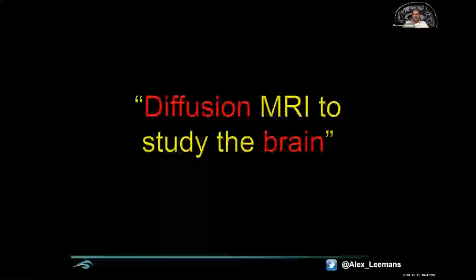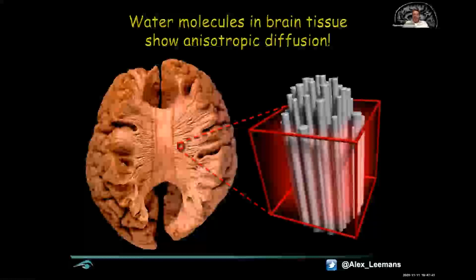All right, then let's put some things together. Why look at diffusion in the brain to begin with? Well, the brain has a lot of water molecules: 80% of brain tissue consists of water. They also have energy because they're at roughly 37 degrees, so they move around. They bombard the environment. They probe the environment. And so it's not hard to imagine that these water molecules also diffuse anisotropically, meaning they will diffuse more along fiber pathways than perpendicular to them because of barriers.